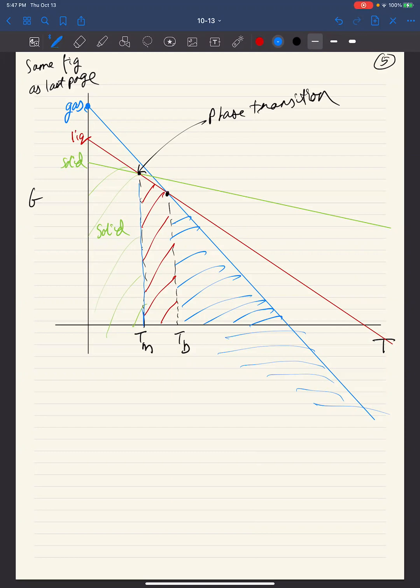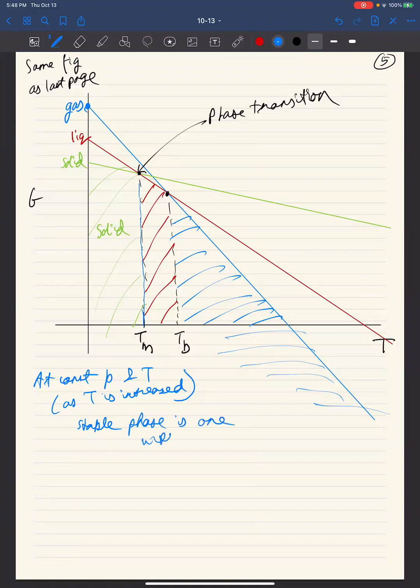No, what it means is that at constant pressure and temperature, as temperature is increased, so this wording is confusing. On one hand, I'm saying constant pressure and temperature, but then I'm saying as temperature is increased. As you keep doing this experiment at higher temperatures, you keep the pressure always the same. The stable phase is one with lower G. Okay, that's the whole point.